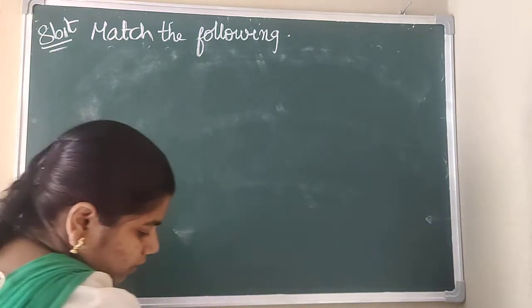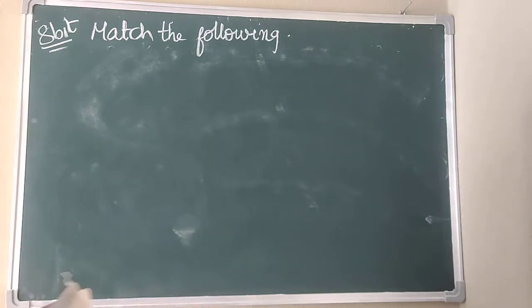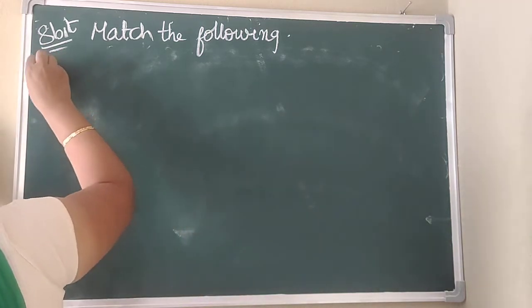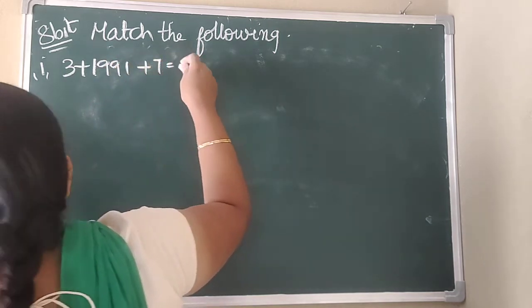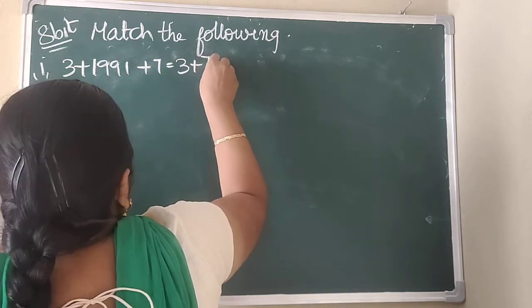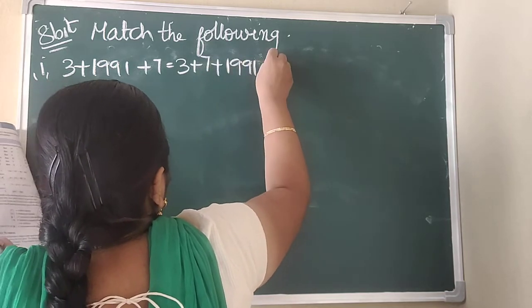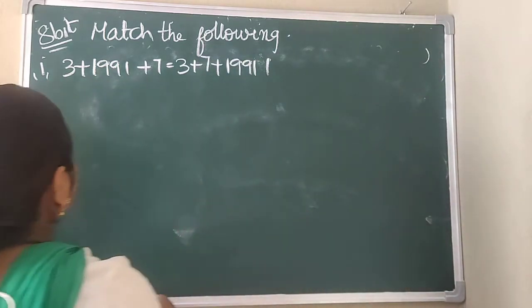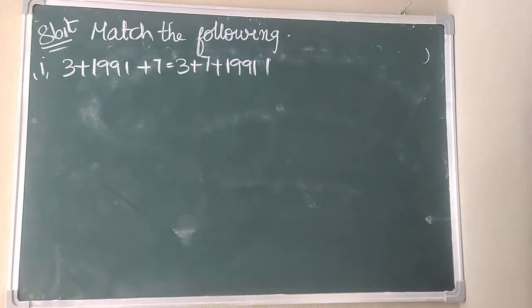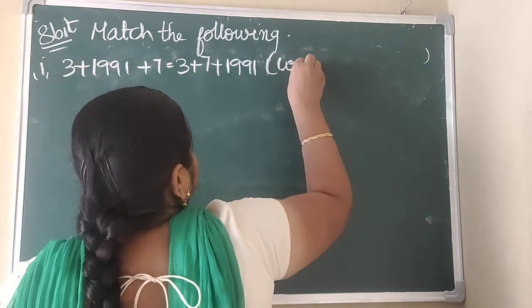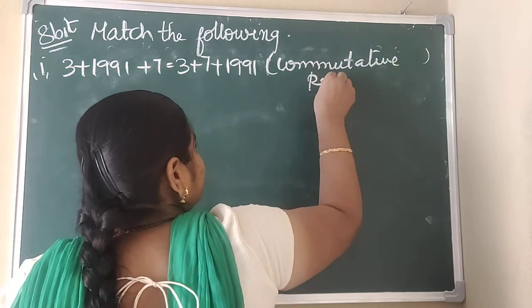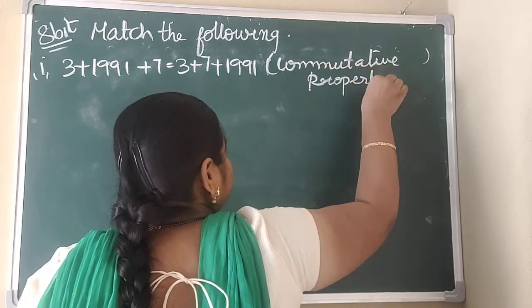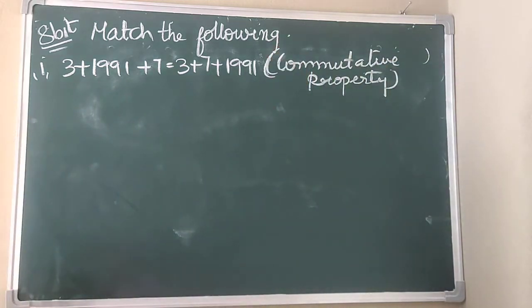In that, the first one is 3 plus 1991 plus 7 is equal to 3 plus 7 plus 1991. Which property is this? Here only the numbers are shuffled, so we can write that as the commutative property.